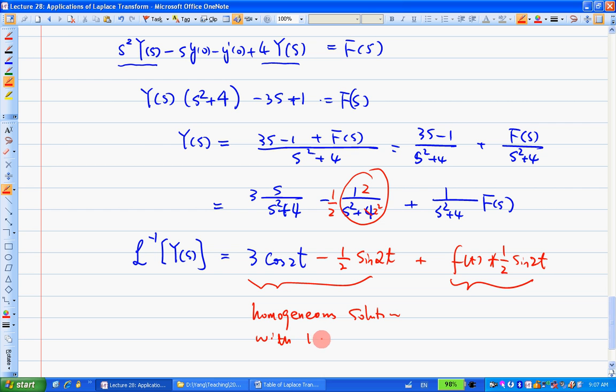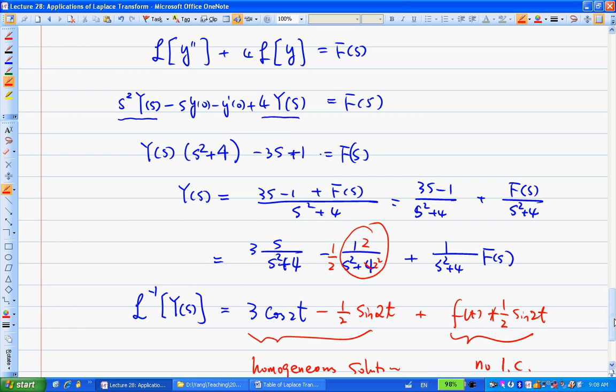And this part here is the so-called non-homogeneous solution, or you can call it the convolution with the impulse response. When you have this part here, there are no initial conditions being considered. So the initial condition purely shows up in the other portion.